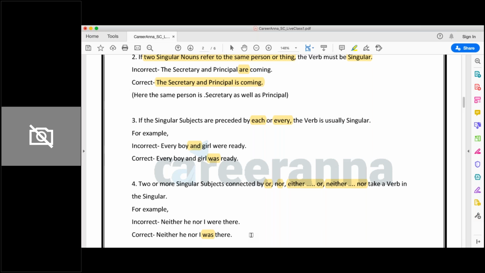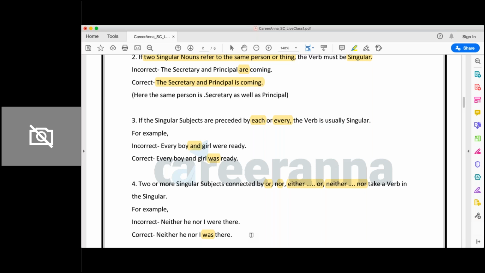It will not take the plural form. Again, "either or," "neither nor," "or." These are easy to remember words, we have an easy top of the mind recall for them. Either or, neither nor, or nor: verb will always go as singular.